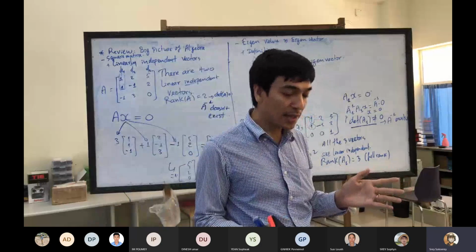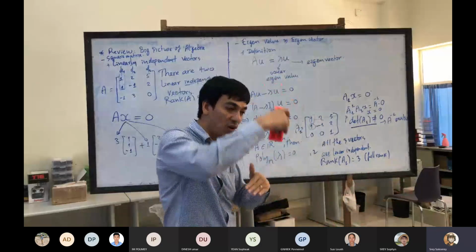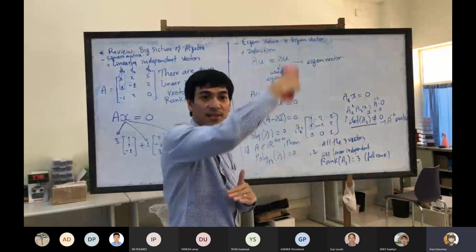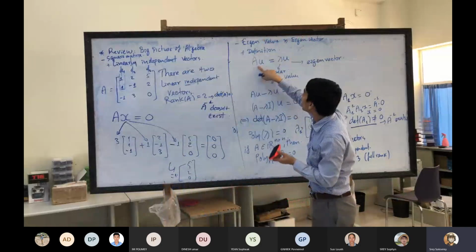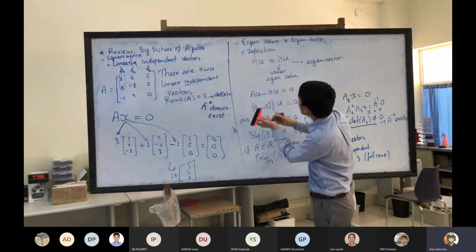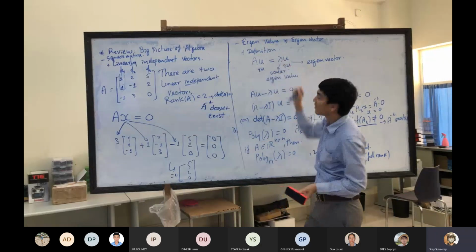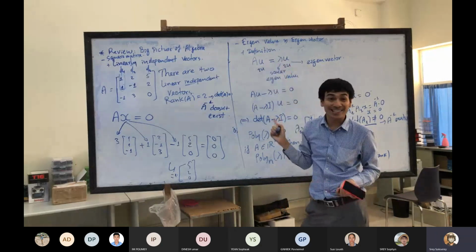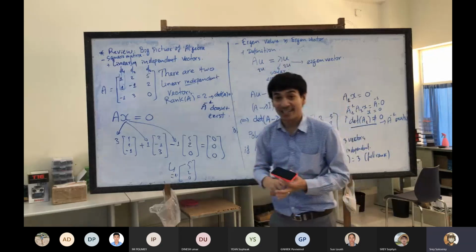Infinite solution in the sense that one vector u can be short or long, right? You just see here. If I substitute u by 2u, you still get this equation satisfied, right? So it means the solution of u is not unique.